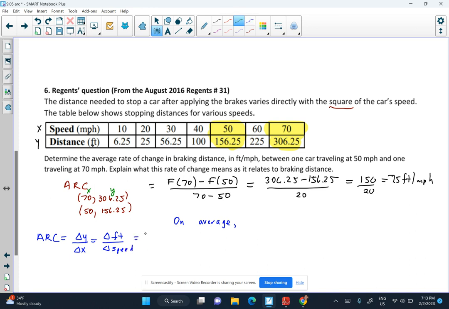So again, for every additional, I always start off with the denominator. So this is feet and this is miles per hour.